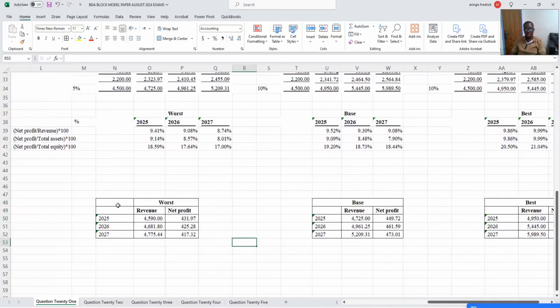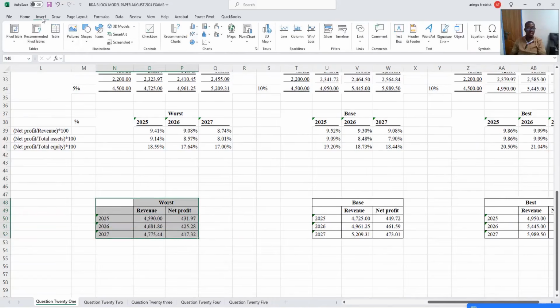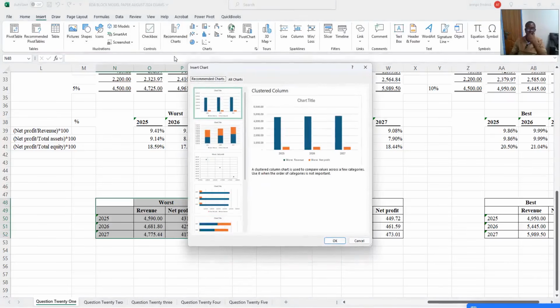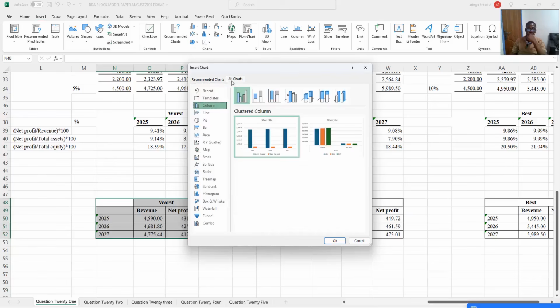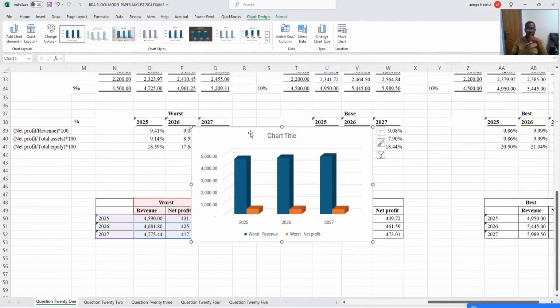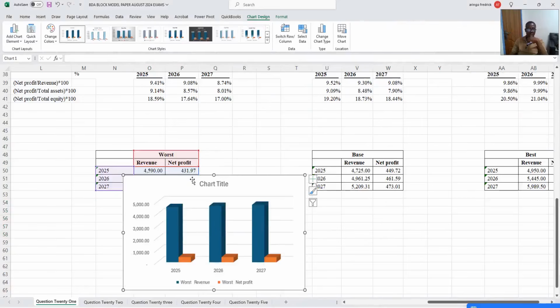To start with the worst case, we just highlight, come to insert, recommended charts. Which one can we take? Let me go to all charts and see what you can have. I usually love to use 3D. So in this case, I can pick this one here.